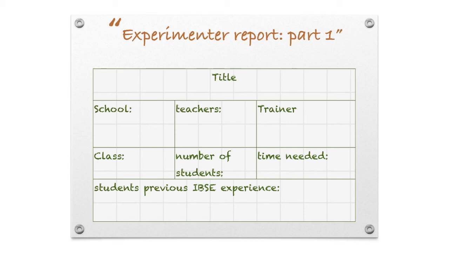The first part of the report is used to describe the background of the classroom and the teacher, because you just have to add some information about the school, the students, the number of students involved, the time you need to make the whole activity, and also the experience of the students in IPSE.